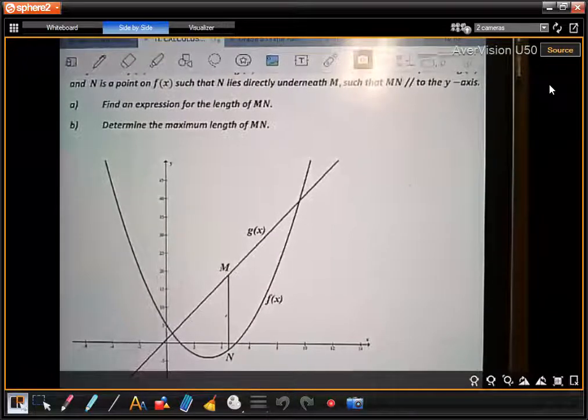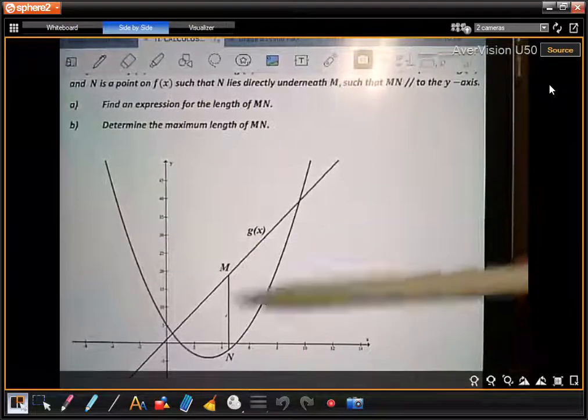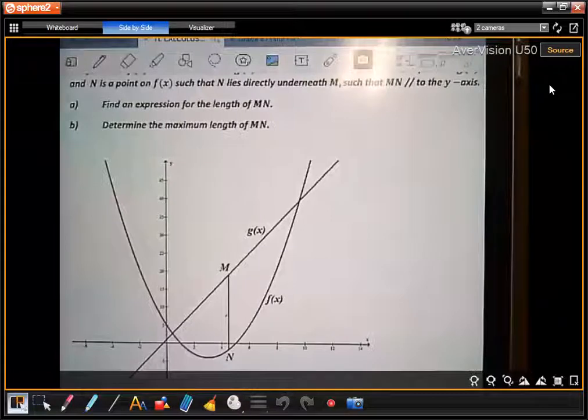And guys, when you're doing the graphs, don't stress about it having to be to scale. Just make sure that M and N are in line with each other, because that's what they're saying in the question.